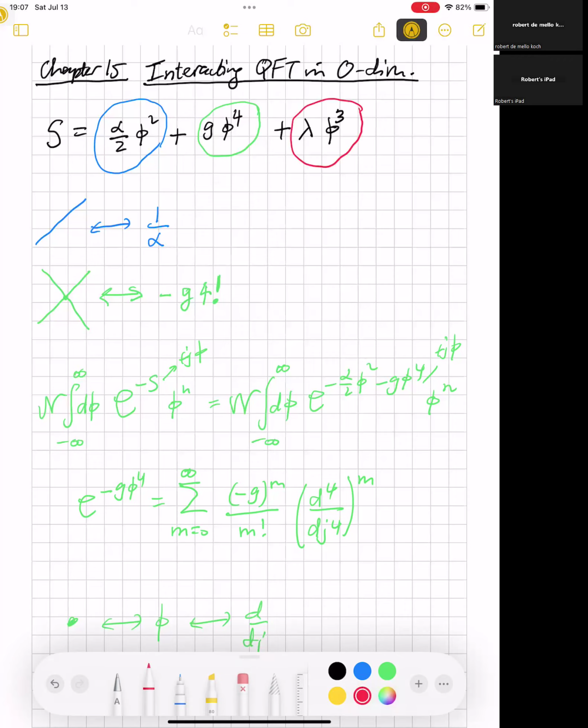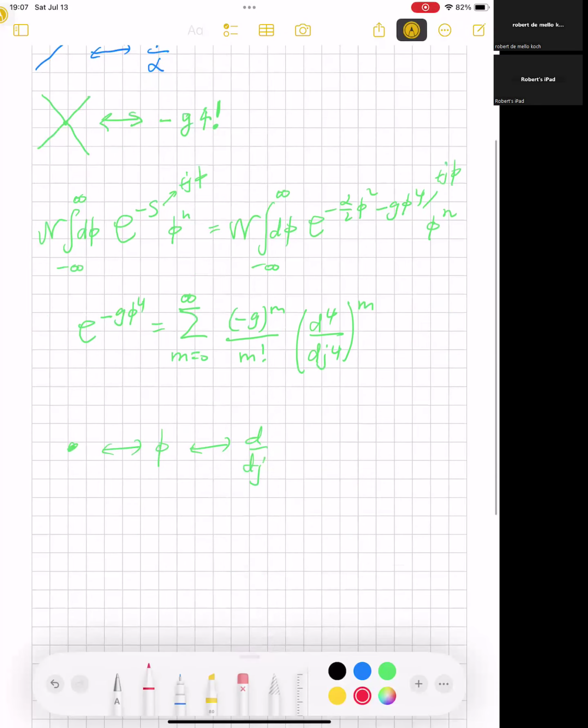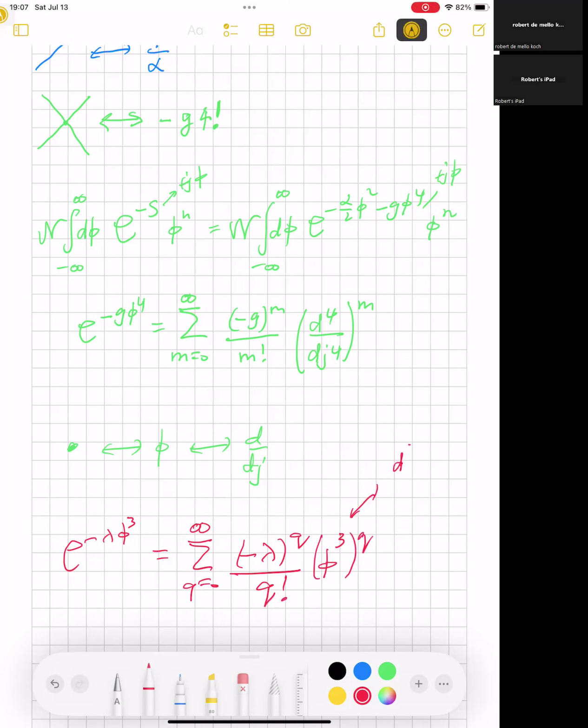Well, in exactly the same way that expanding the e to the minus g phi to the 4 brought down fields in 4s, if we were to expand something like e to the minus lambda phi cubed, we would get a sum maybe from q equal to 0 to infinity, minus lambda to the q over q factorial, and now we would get phi cubes. So 3 fields phi, and this is raised, of course, to the power of q, and this would translate into d3 dj3 raised to the power of q. But the important point is now we get fields coming in 3s.